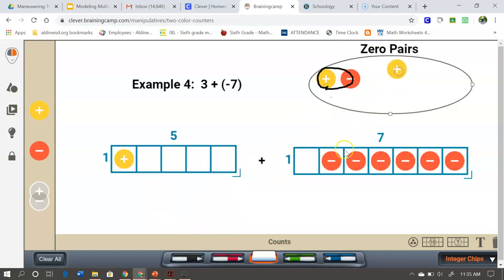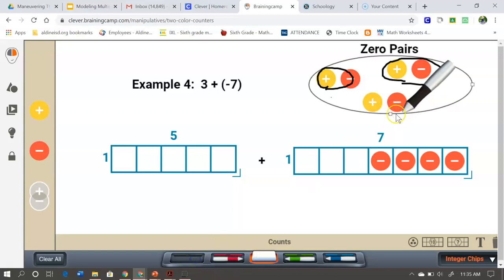So I'm going to continue until I can't do this process anymore. Here's a second zero pair. All right, and here is the last zero pair that I can make, because now I don't have any yellows, so I can't make any more zero pairs.